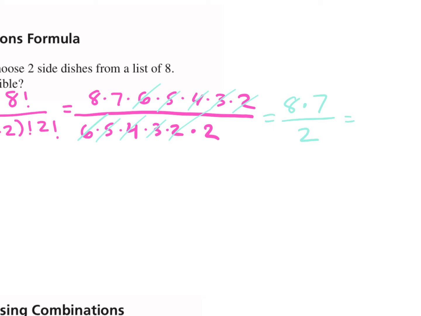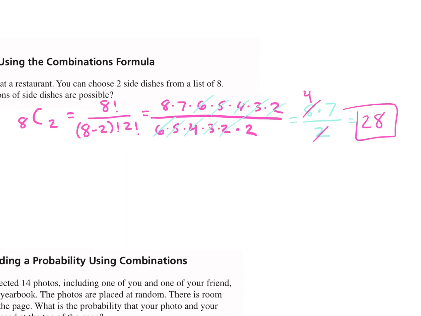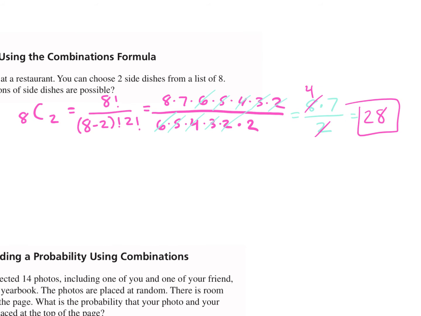I could cancel out the 2 and take out 2 from 8, so I'd be left with 4. So on the top, I just have 4 times 7, which is 28. So 28 possible dishes.